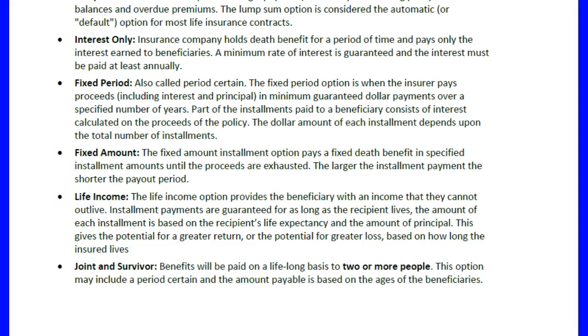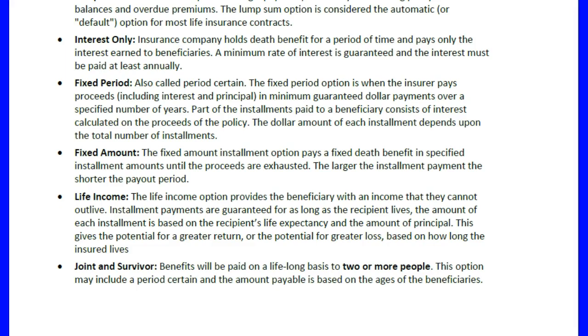The life income option provides the beneficiary an income that cannot be outlived. Installment payments are guaranteed as long as the recipient lives. The amount of each installment is based on the recipient's life expectancy.